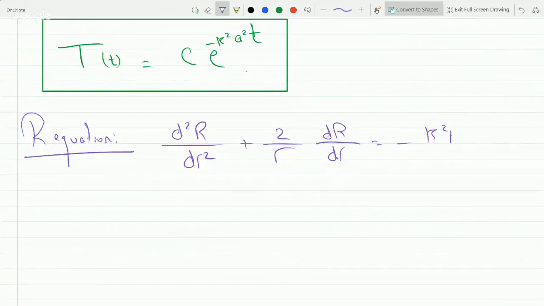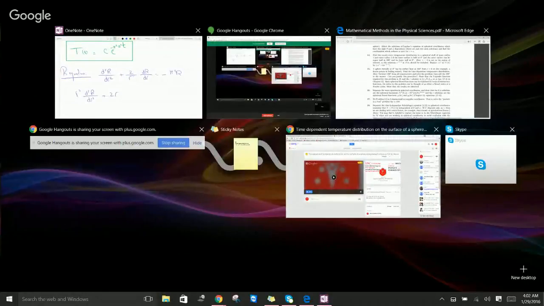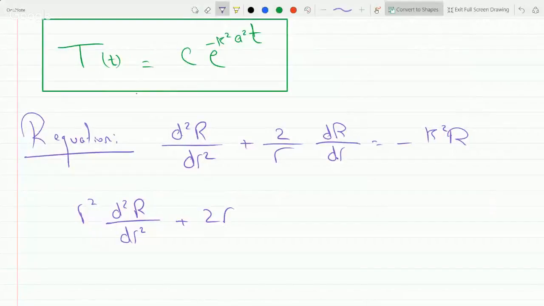And if we move everything to the left, and we scale by r squared, this will become r squared d squared R over dr squared plus 2r dR over dr plus k squared r squared R equals 0.